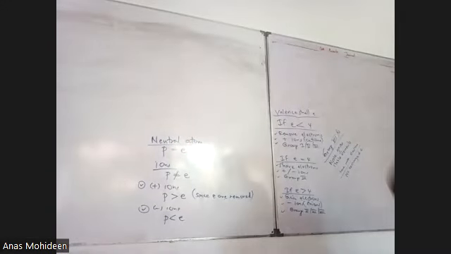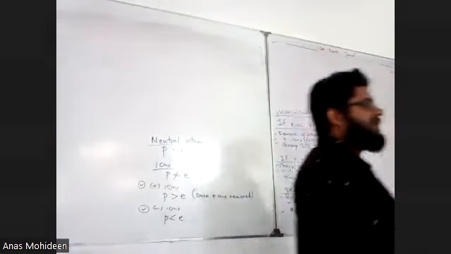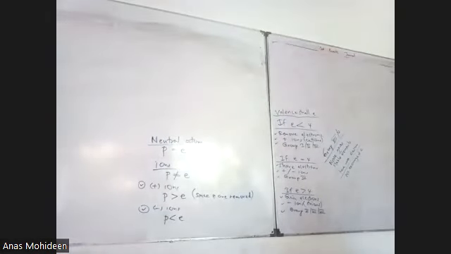Listen, look at your screen. Neutral atoms form positive ions by losing electrons. Likewise, neutral atoms form negative ions by accepting electrons.